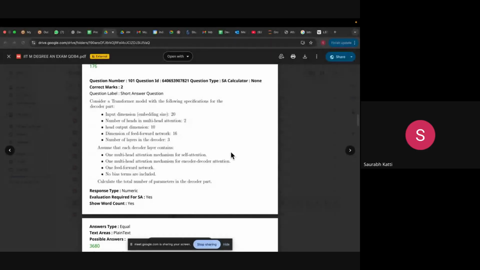Yes, sir, this question. Okay, so they are saying that the input dimension is 20, then there are two heads, and the head output of each will be 10, right? Just a second, I'll take a photo of this and then I'll reshare my screen and show you how to do it.